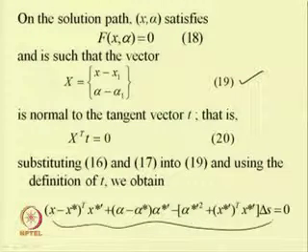That is x minus x star transpose into x star dash plus alpha minus alpha star into alpha star dash minus alpha star dash square plus alpha star dash transpose into x star dash into delta s equal to 0.